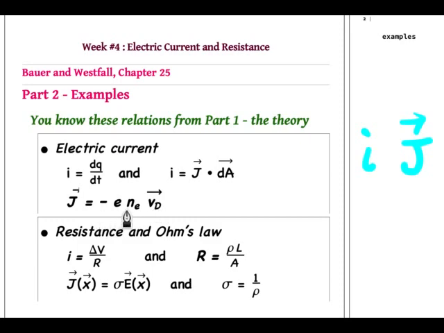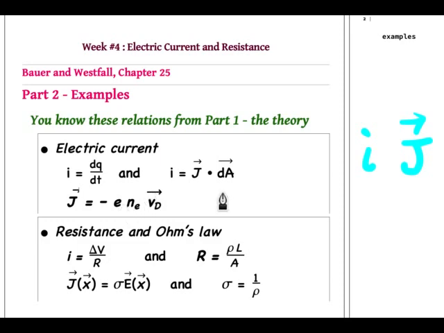It's the charge of the current carrying particle, which for a metal would be an electron, so that's a charge minus e, times the density of the current carrying particles, so that will be the density of the electrons, the number per unit volume, times the drift velocity. That's the mean velocity as the electrons move along in their current.